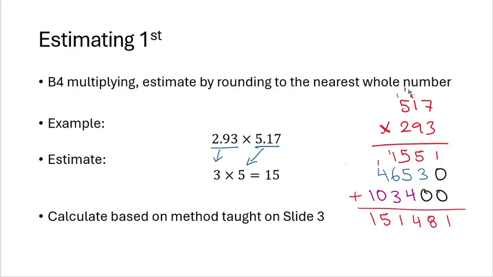Finally, like so. And then following the steps, there's 4 DPs. So now you just go over here, 1, 2, 3, 4. And then we somehow end up with 15.1481. So as you can see, we're roughly there, okay? It's just an estimate.